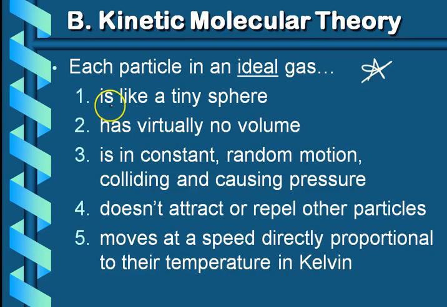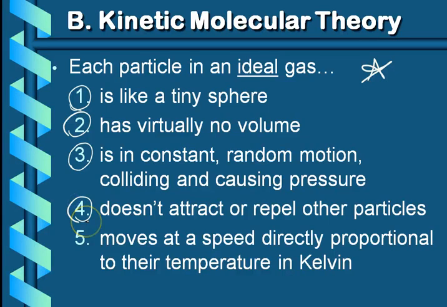So first thing, each particle in an ideal gas, we are going to assume these 5 things. One of them is they're like a tiny sphere. So we're going to assume they move and they are themselves a tiny sphere that has virtually no volume. So they don't take up a lot of space. Also, they are in constant random motion, colliding and causing pressure. So they are constantly moving. They're going to be having elastic collisions, bouncing off of each other, moving randomly around the room.